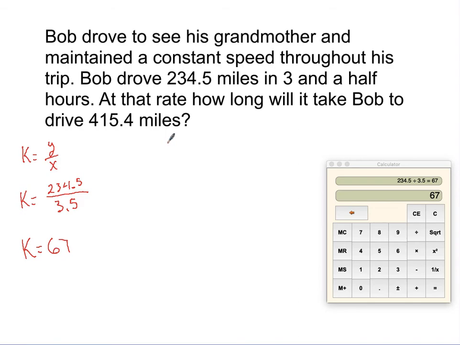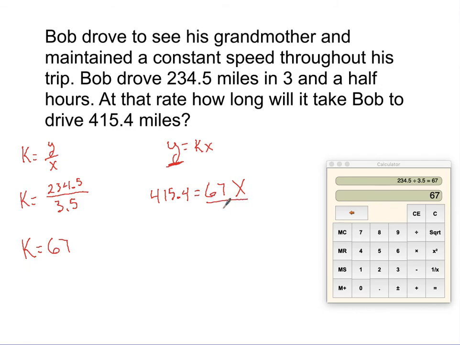So now I use my other equation, y equals kx. How long will it take Bob to drive 415.4 miles? Think about where the miles went on this equation. The miles went on top, so that means it's the y value. Miles is y, that means it goes in here. 415.4 equals 67 times x. X is my hours. I don't know how many hours it's going to take to drive that far.